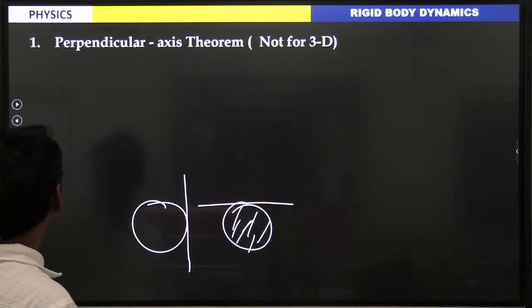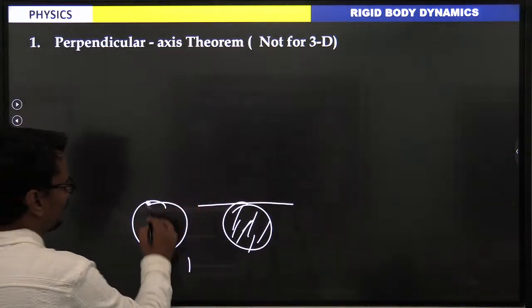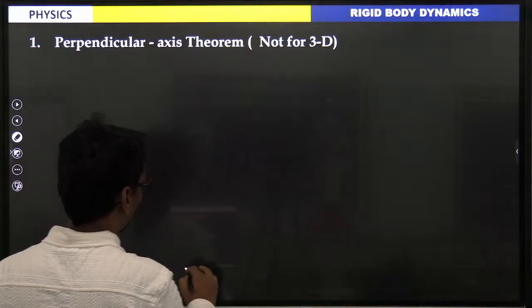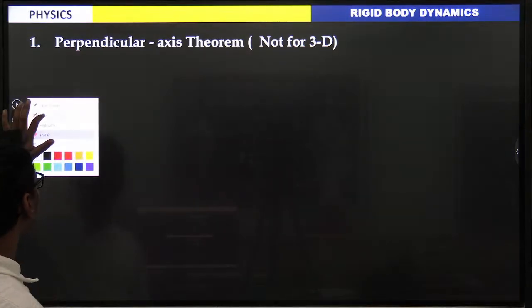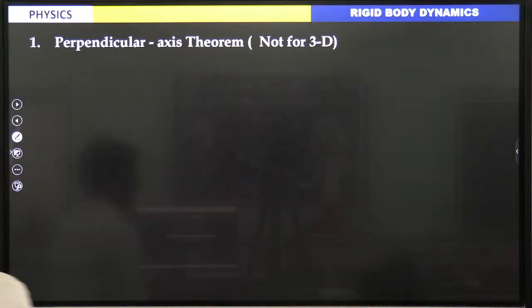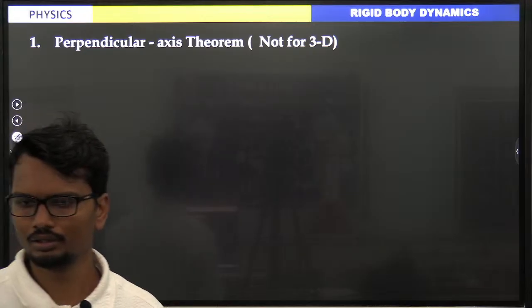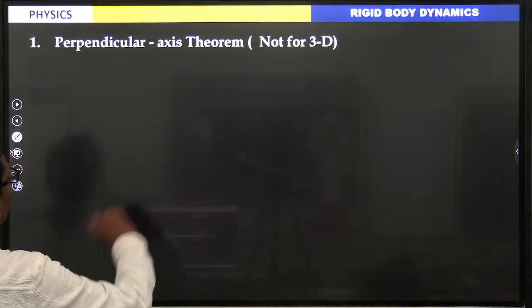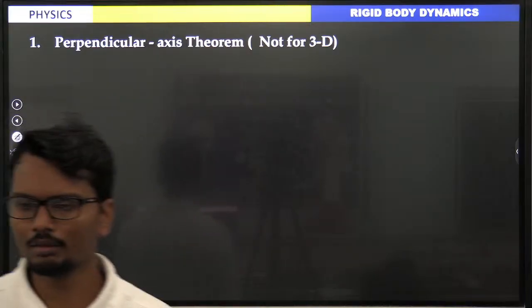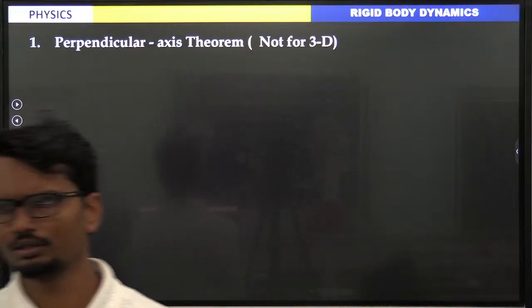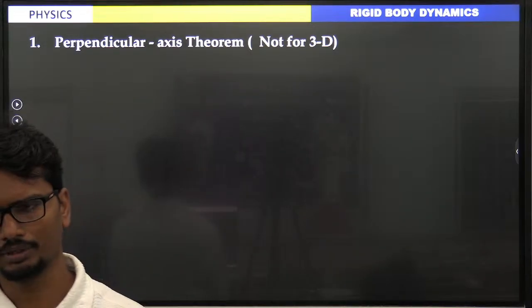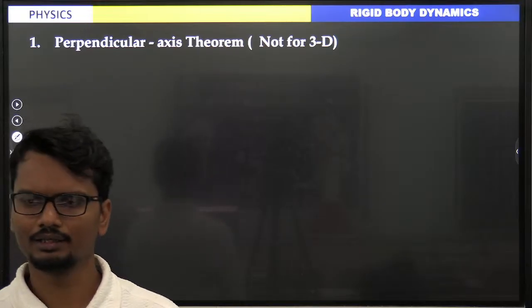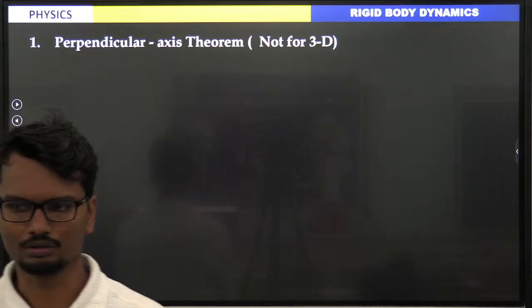So now we can easily find the moment of inertia about any axis we need. We study two important theorems: the first theorem is the perpendicular axis theorem and the second theorem is the parallel axis theorem.